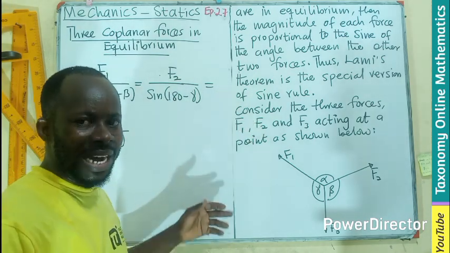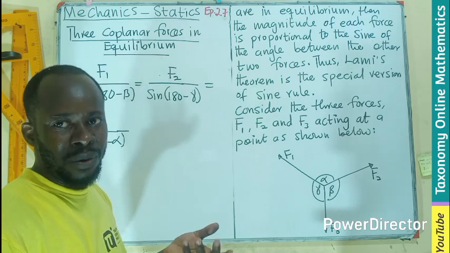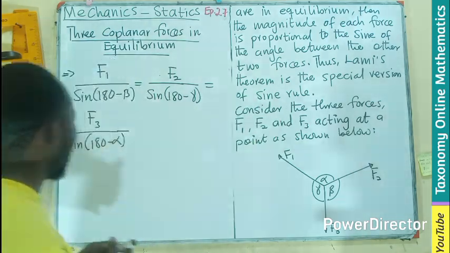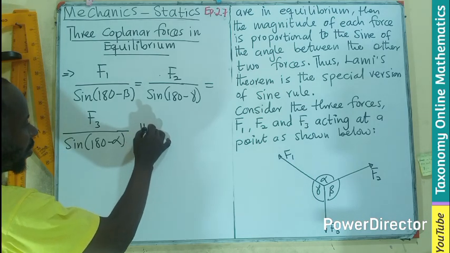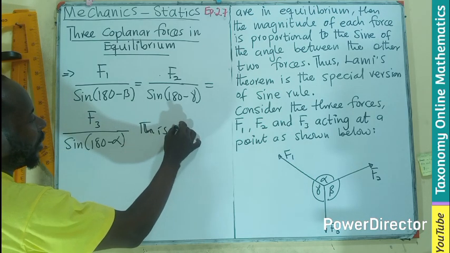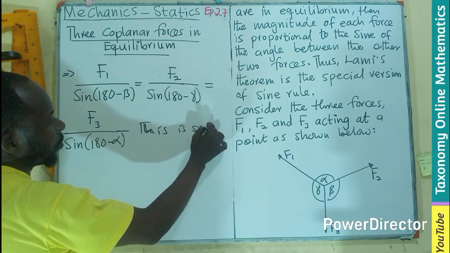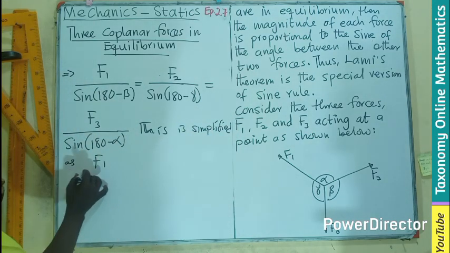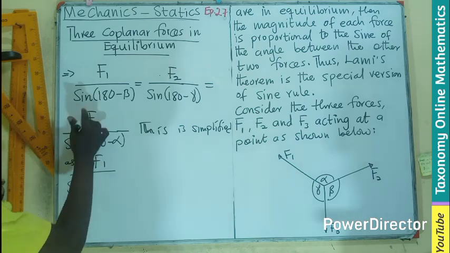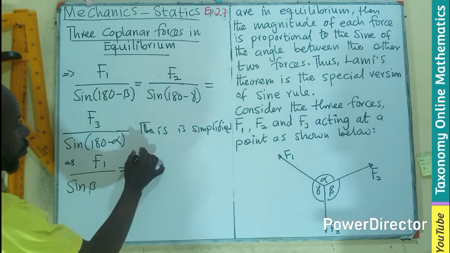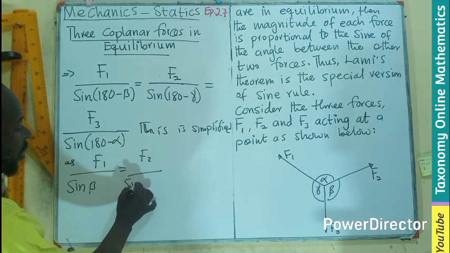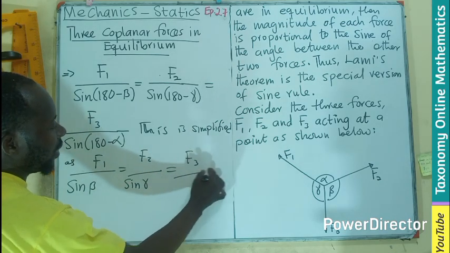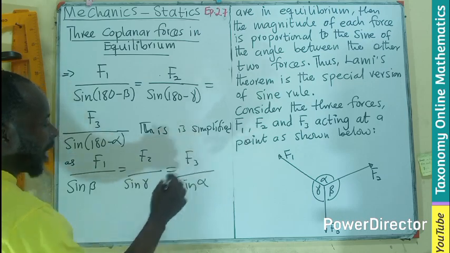If you expand that, knowing that sine 180 is 0 and cos 180 is negative 1, the answer will just mean sine gamma. So this is simplified as just force 1 divided by sine of beta equals force 2 divided by sine of gamma equals force 3 divided by sine of alpha.